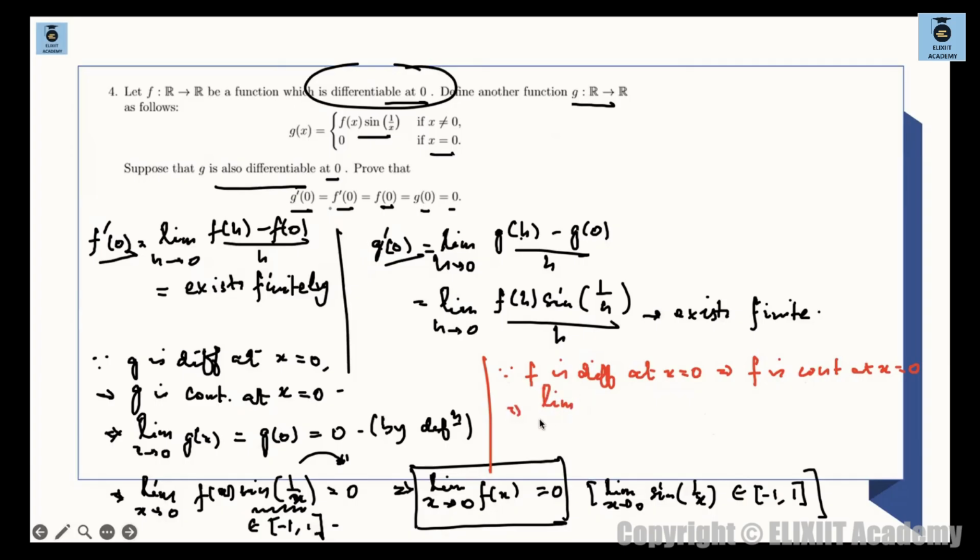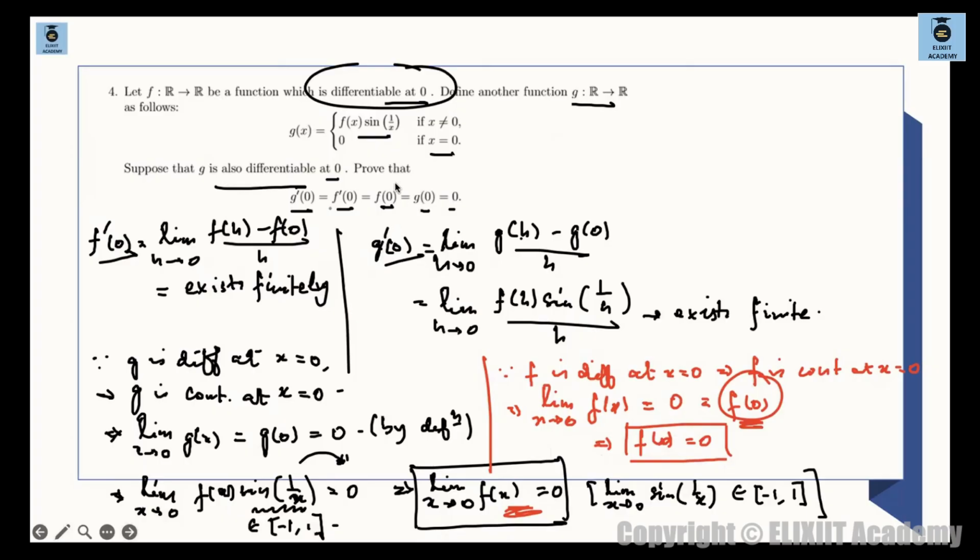Limit x tending to 0, f(x) will be equal to 0, which is the same as f(0), because limit x tending to 0, f(x) is 0 is known to us from here itself. And this must also be equal to the function value by the definition. So f(0) is 0, we are proving from here itself.